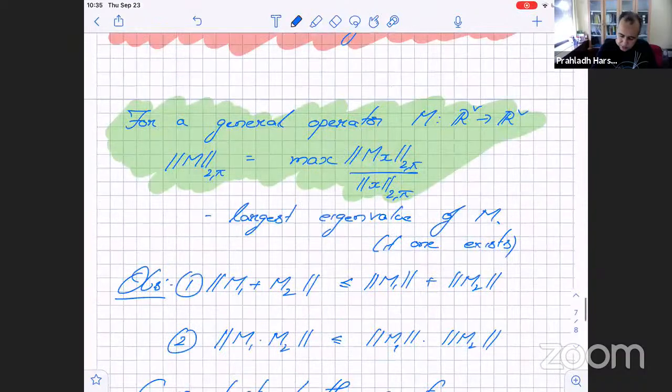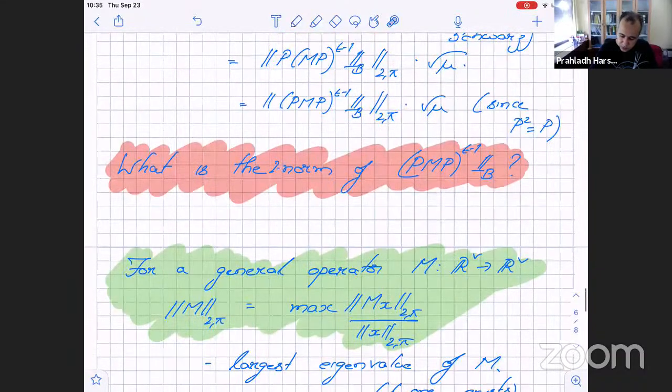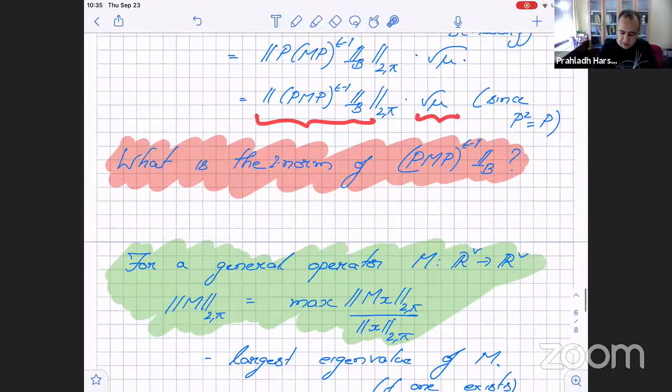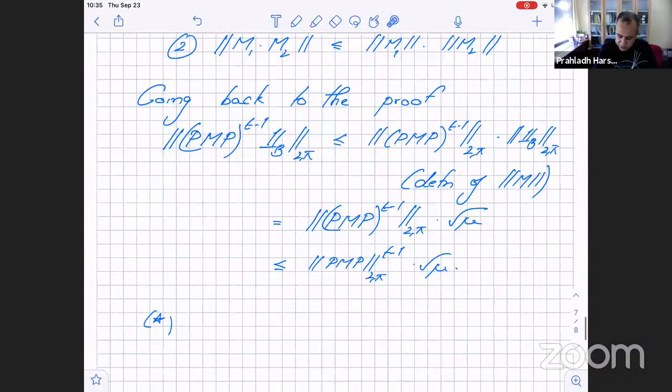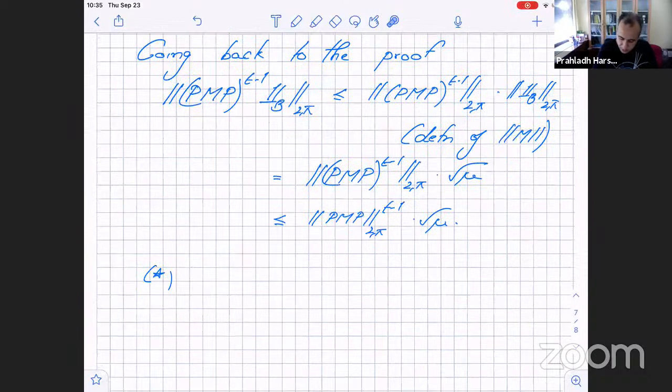Star had both this expression and a root μ. This expression itself was something and a root μ. So plugging back into star, we get that star is less than or equal to (PMP 2π)^(T-1) times μ. Okay.